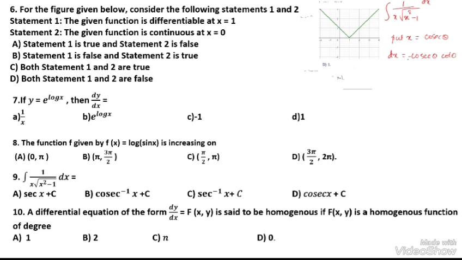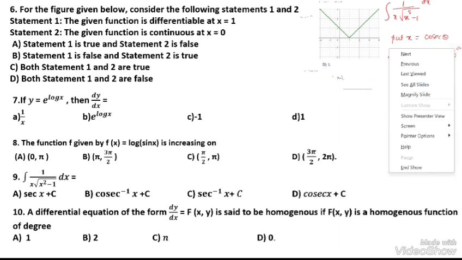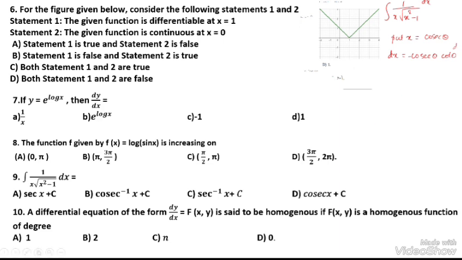Here there is a minus symbol present. Now I will substitute all the values. Integration 1 divided by x is cosec theta, root of cosec square theta minus 1.